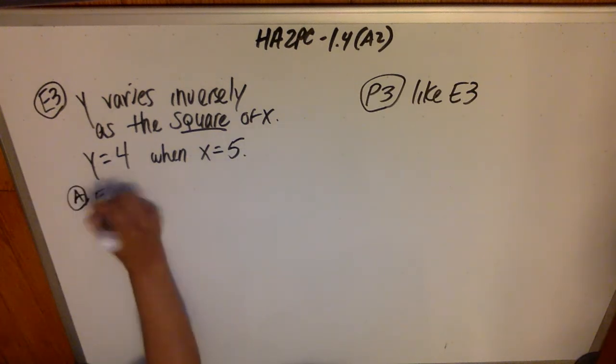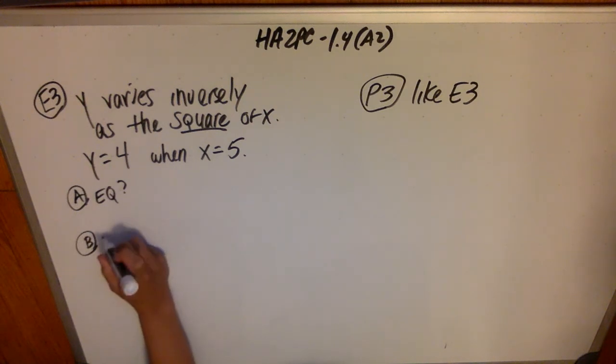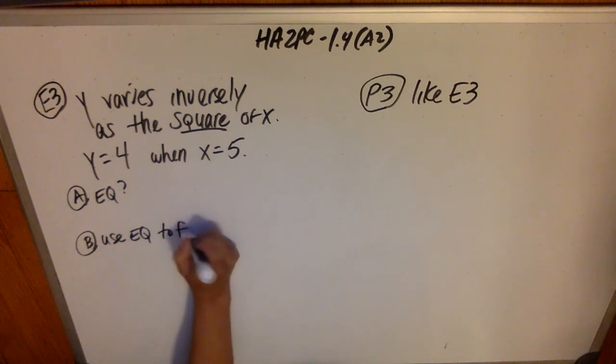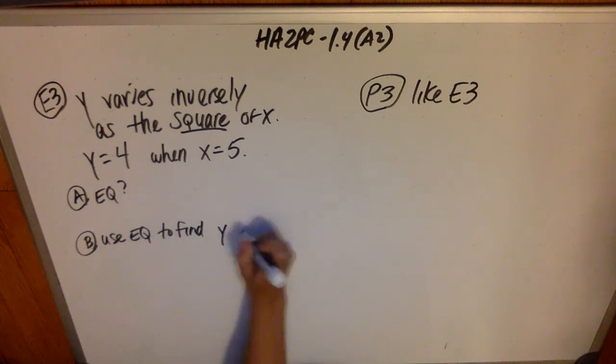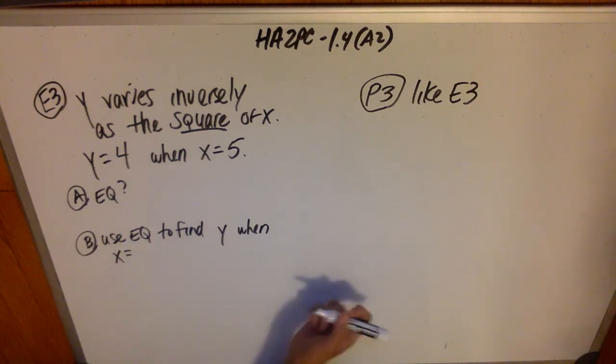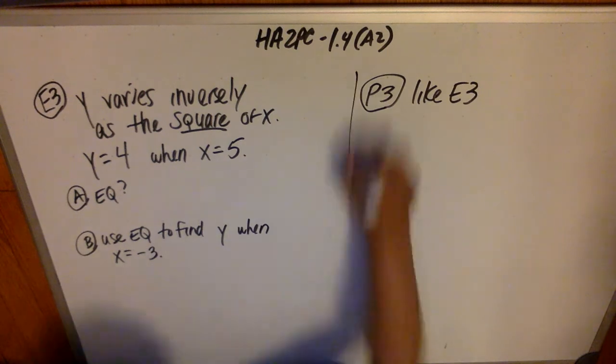A, I want that equation. And B, use your equation to find y when x equals negative 3. Then we're going to do the same thing over here.